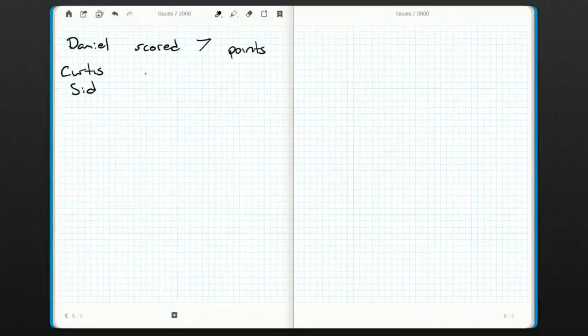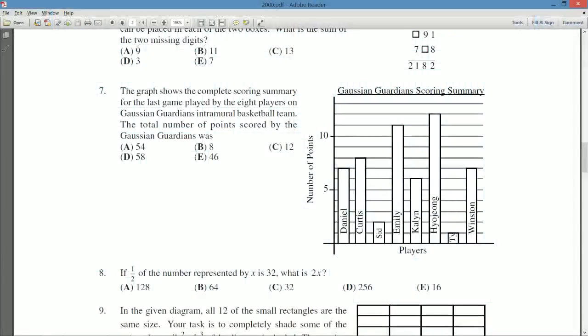Sid was next, and then I'll have to go back because I think there's a couple of girls next. Curtis scored 1 more point, which was 8. I think Sid scored 2 points, but we'll double check that. So Daniel, Curtis, Sid had 1, 2 points. Emily is next, so 5, 10, 1 more than 10, so Emily scored 11.